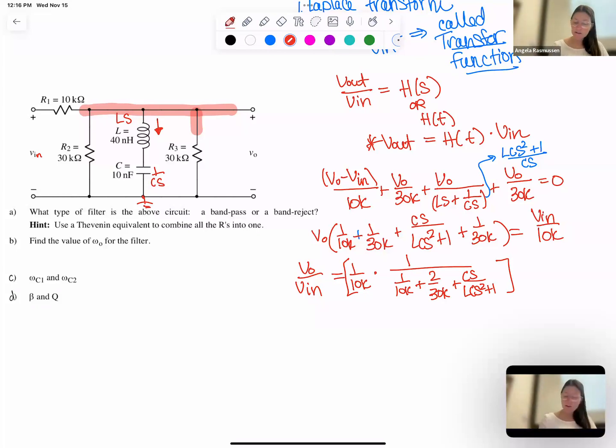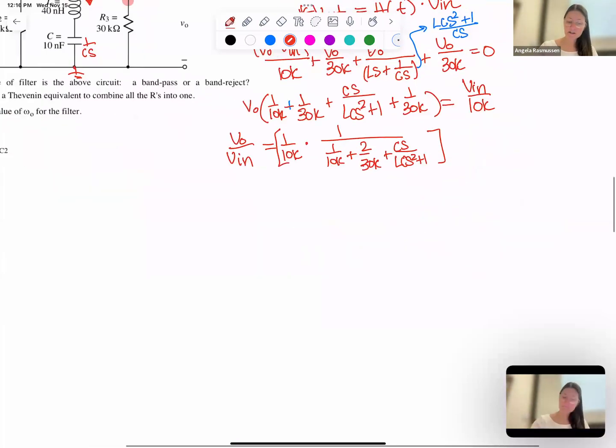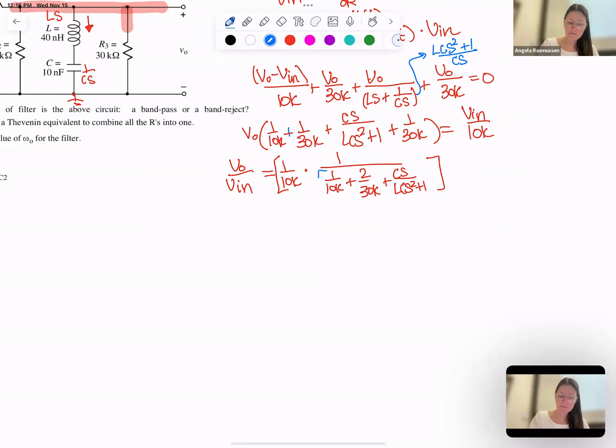Now I need to get a common denominator for this one. The LCS squared plus 1 is going to be that times 30.